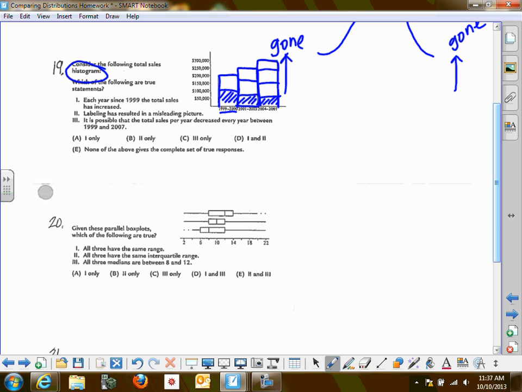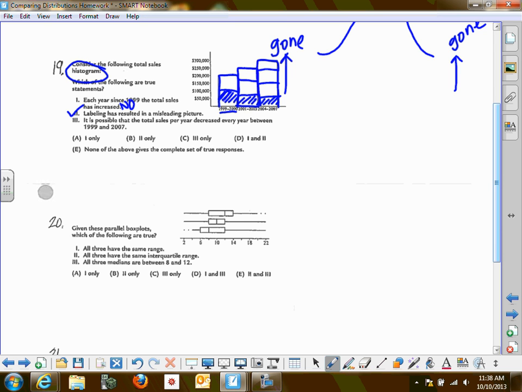So therefore, do I know that each year since 1999 the total sales has increased? No, because I drew an example that they could have decreased in value. How about the labeling has resulted in a misleading picture? Absolutely. 3, it is possible that the total sales per year decrease every year between 1999 and 2007. I actually drew what that picture would look like.